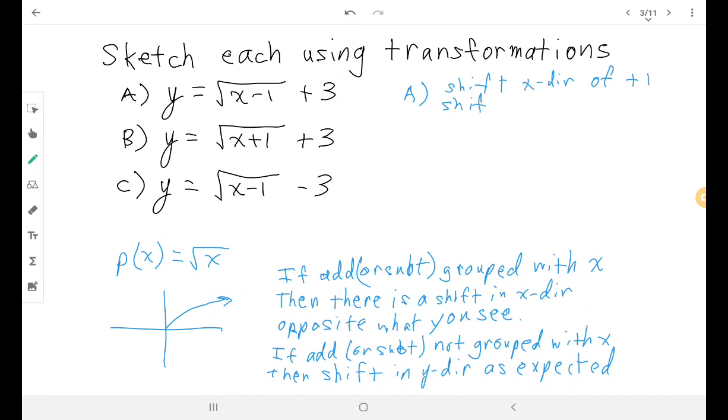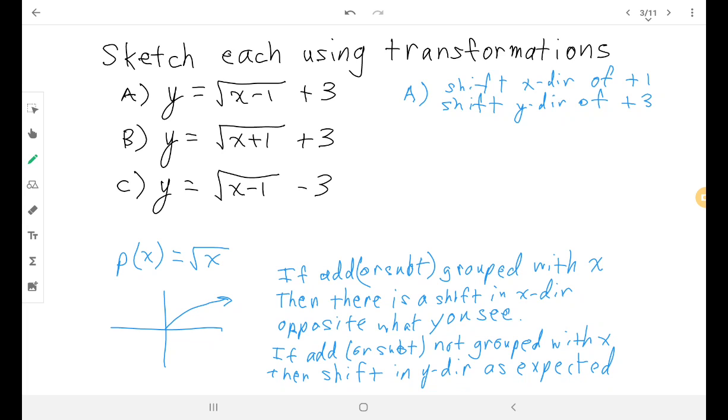And there's one of those as well. So I shift in the y direction, and that is a shift exactly as you see it. So it is of +3 in the y direction. So what that tells me is that I'm going to move right by 1.